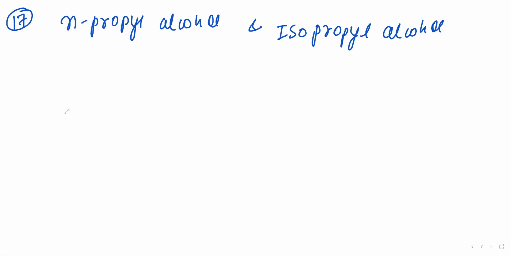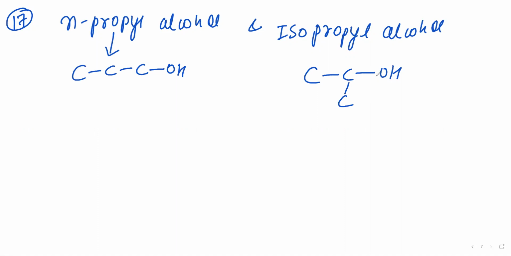So how can you distinguish? See here, N-propyl formula will be meth, eth, prop, and here OH will be there. Isopropyl means meth, eth, prop, here OH is there. So secondary alcohol will be there. So here it is a 2-degree alcohol.